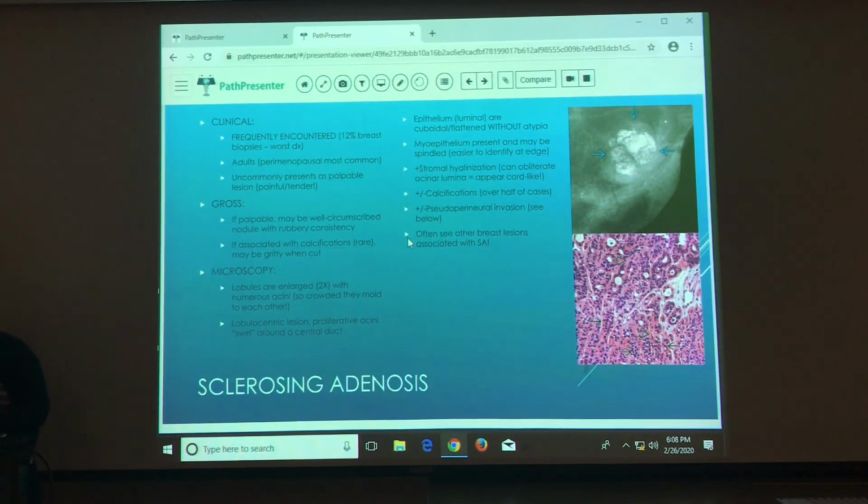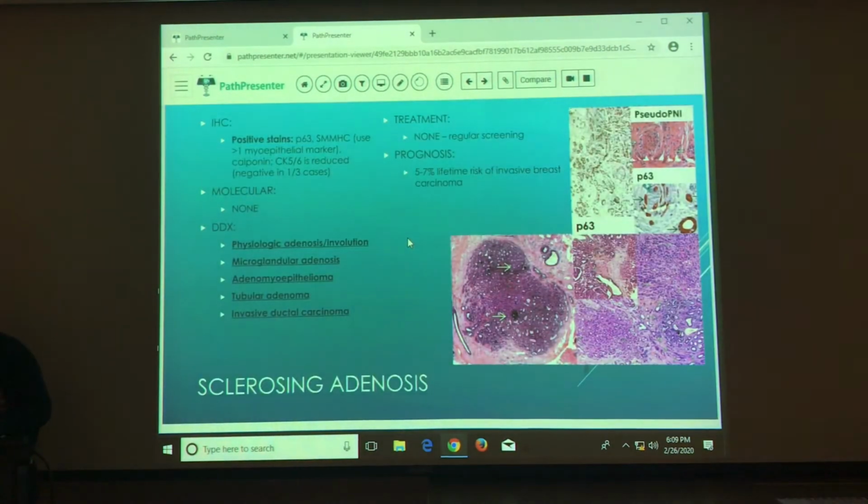But what helps is that there still shouldn't be any atypia, and your myoepithelium is still going to be present. Because of how they squish, you want to go to the outside of the lesion. And if it didn't get terrifying enough, you have to be worried about pseudoperineural invasion, which does happen with sclerosing adenosis.